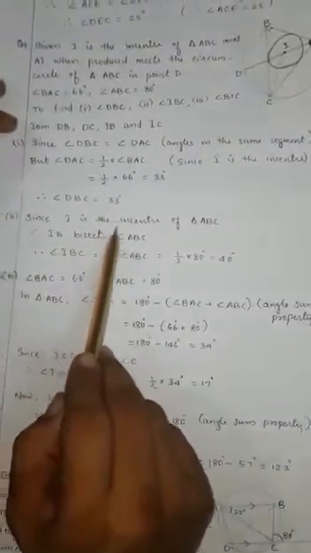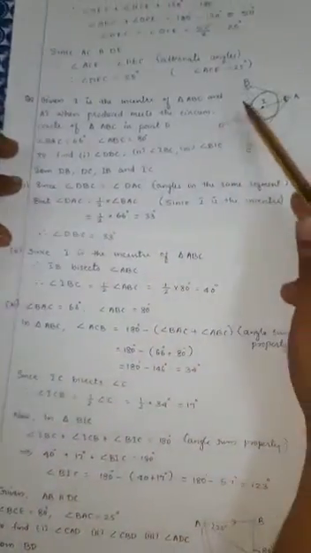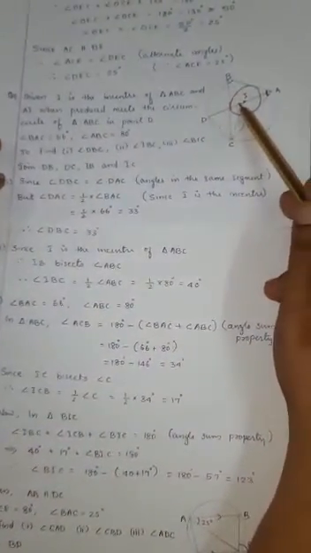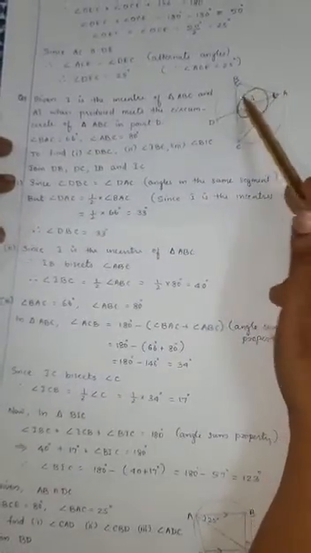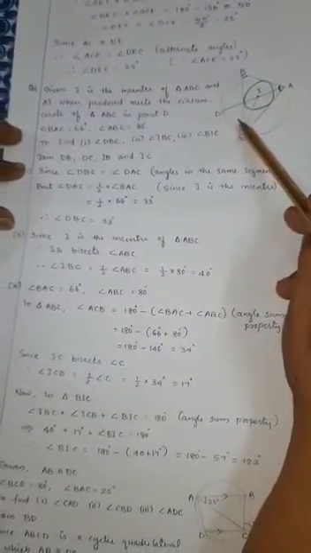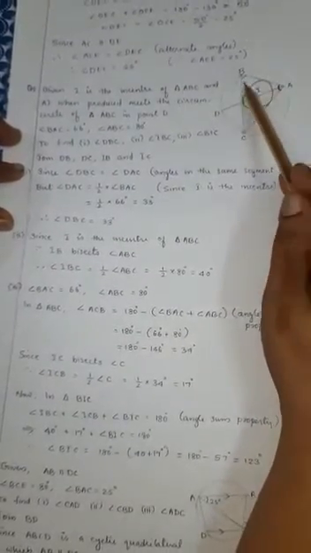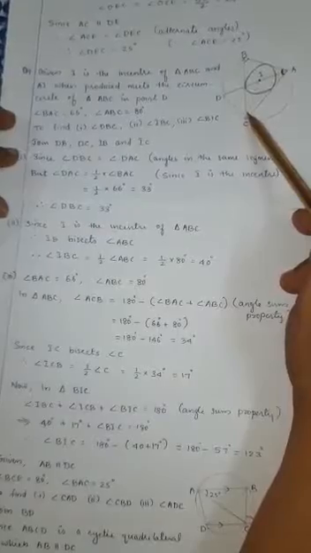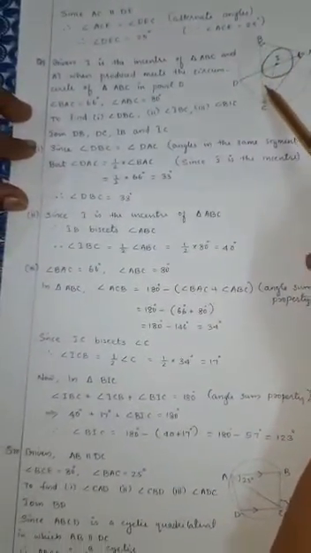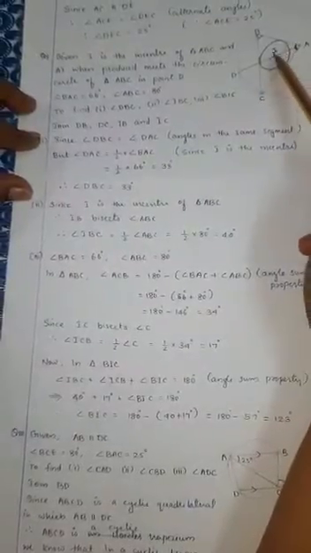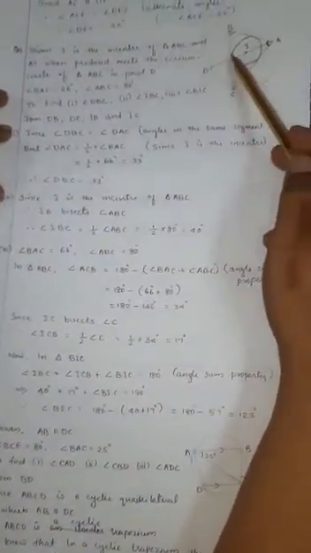Since I is the incenter of triangle ABC, therefore, IB bisect angle ABC. Therefore, angle IBC equal to half of angle ABC equal to half into 80 degree equal to 40 degree.